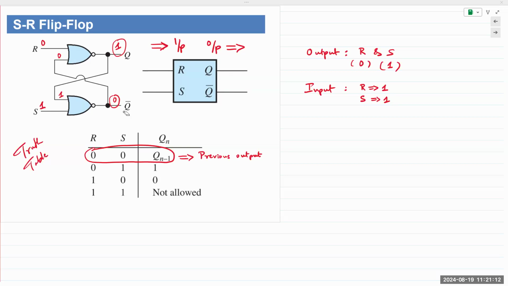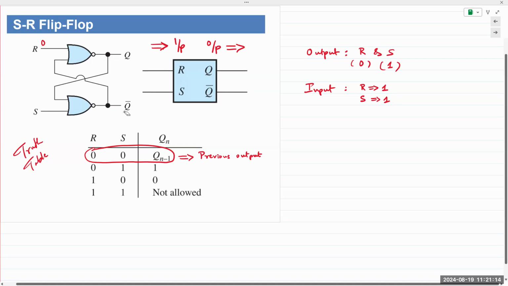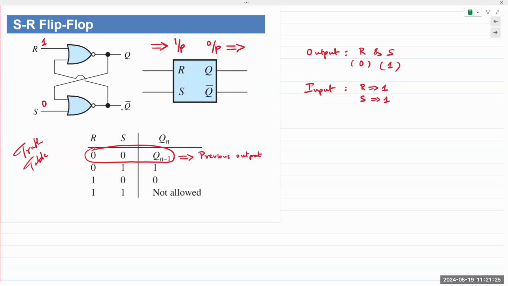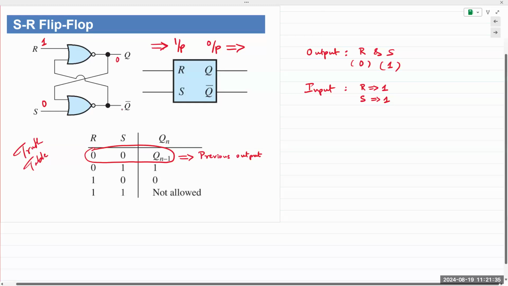Okay, let's look at the other case where R goes to 1 and S goes to 0. If R goes to 1 and S goes to 0, at the lower gate, we know the output will go high only when Q is 0. So if Q is 0, the output Q naught is 1.